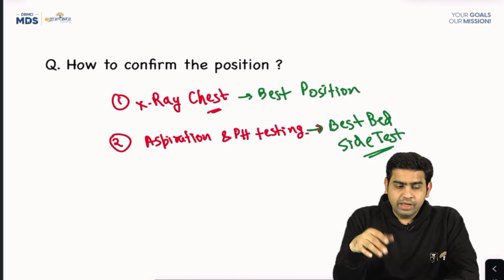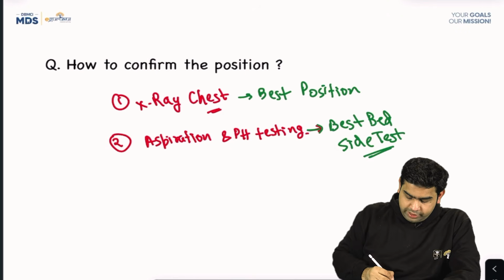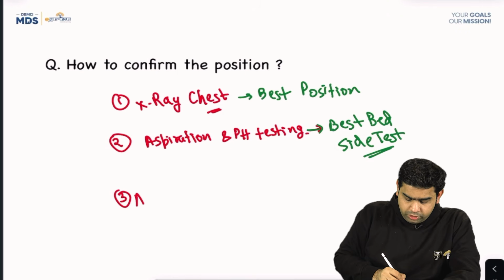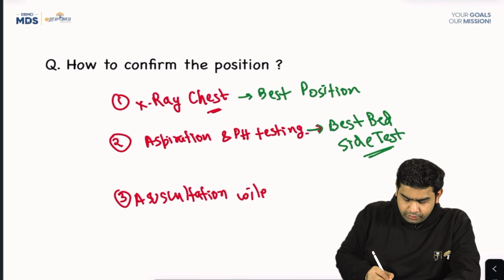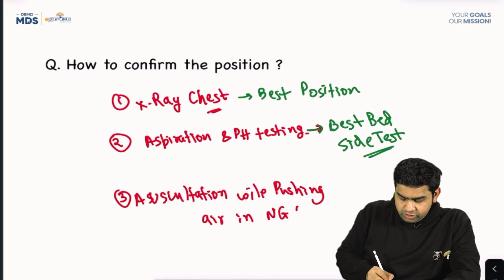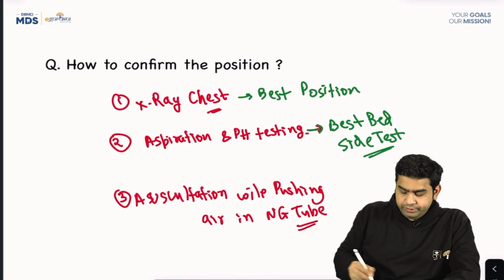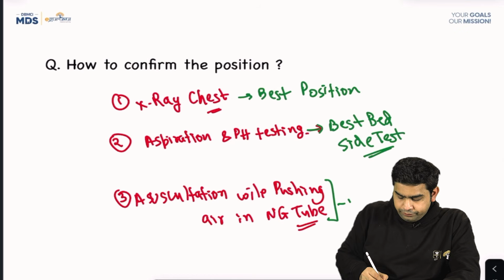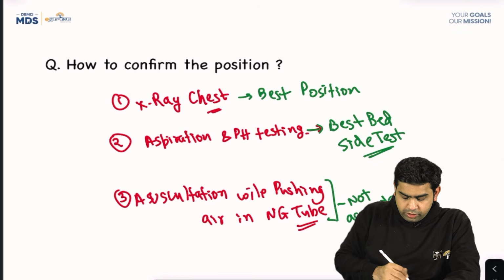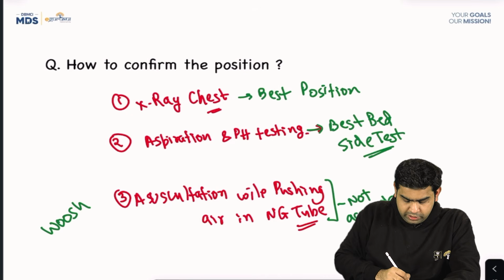Then another one is something which is called auscultation while pushing air in the nasogastric tube. This is not accurate. This is what is called the whoosh test, but it is not accurate at all.